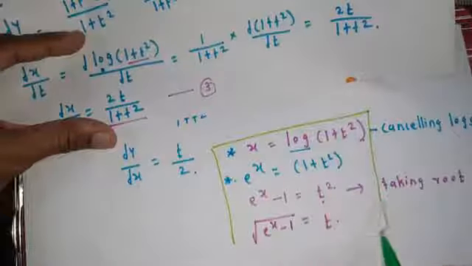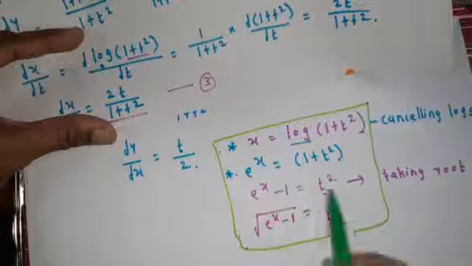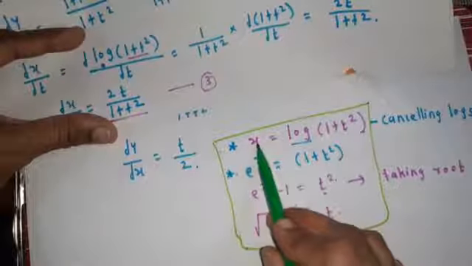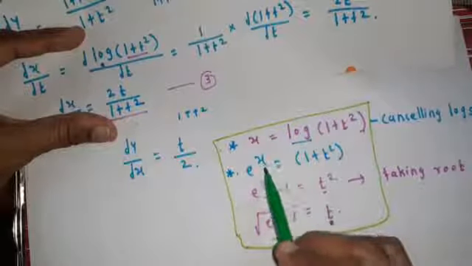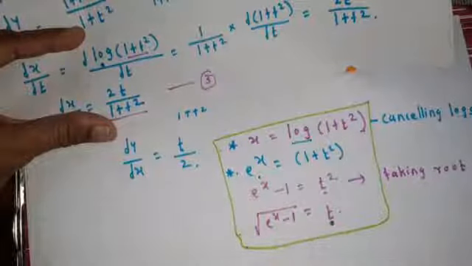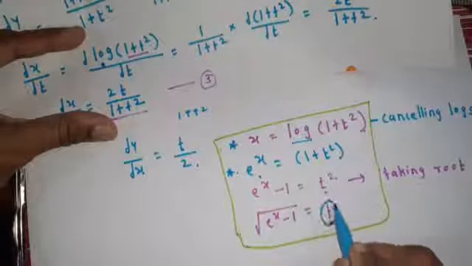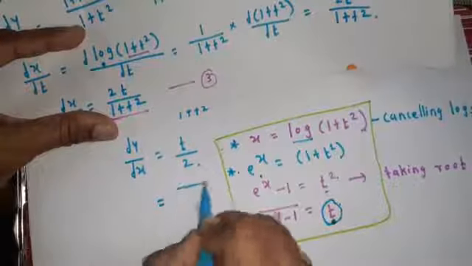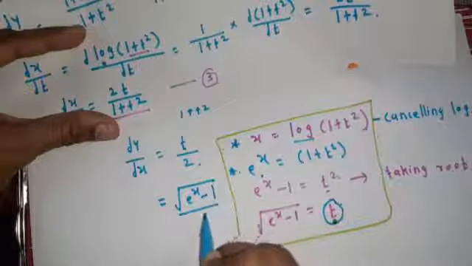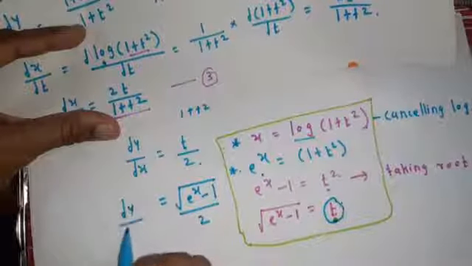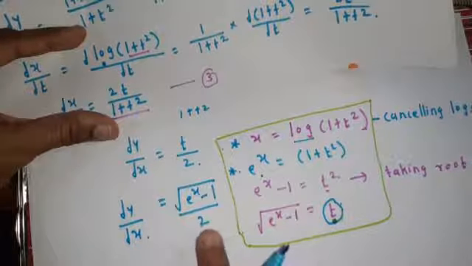By using the given value of x and cancelling logs on both sides, we have found the value of t. Now put the value of t, and dy by dx is equal to square root of e raised to x minus 1 upon 2. In this way we have proved the problem.